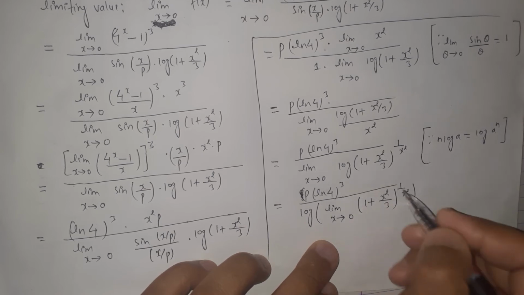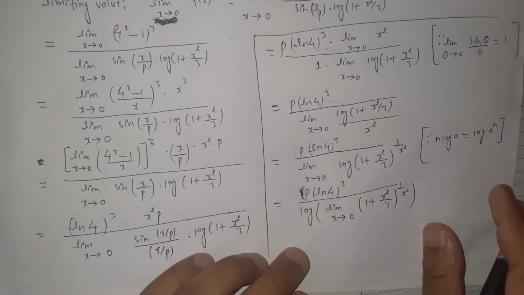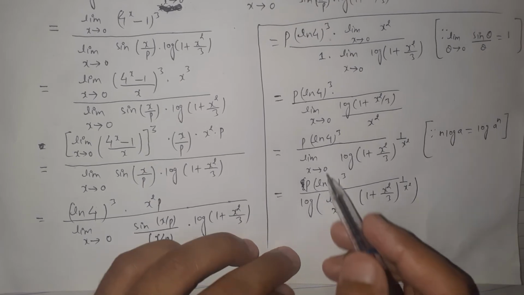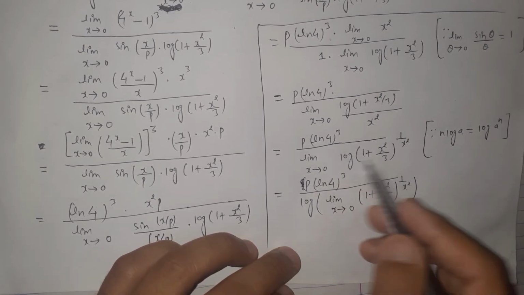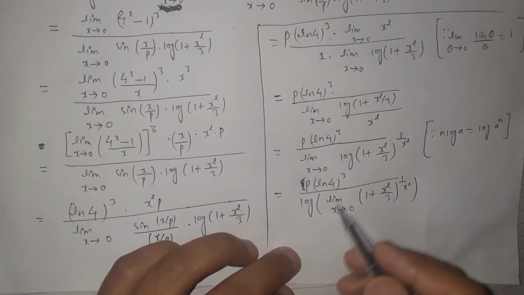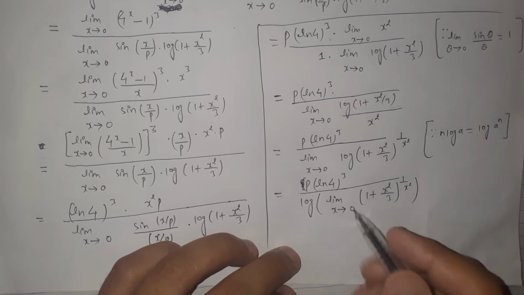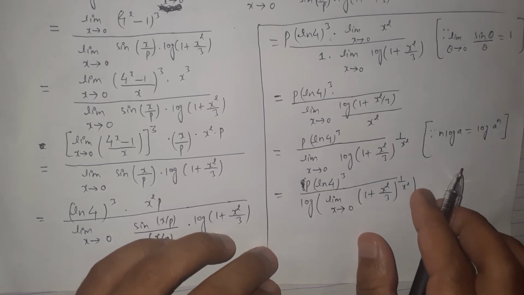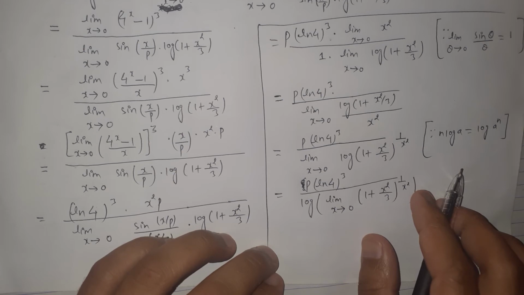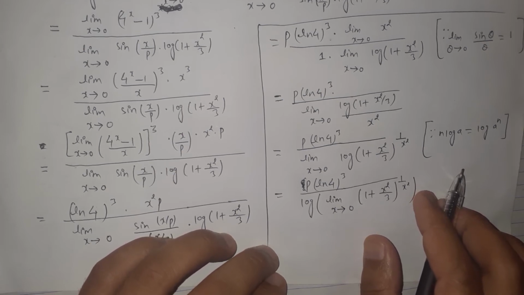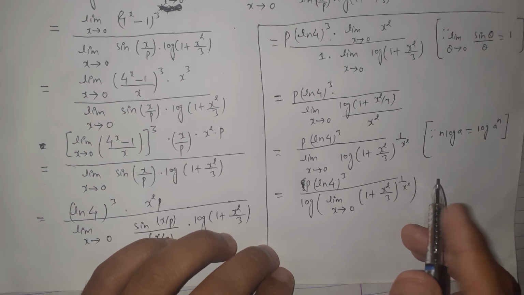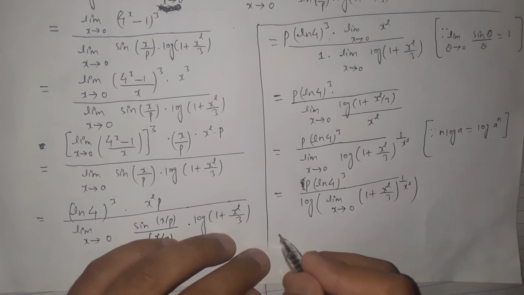Here we just use the property of the limit: the limit of a logarithm function is the same as the log of the limit of the function. Here we just use the property. I already discussed some very important properties of the limit in the first video.